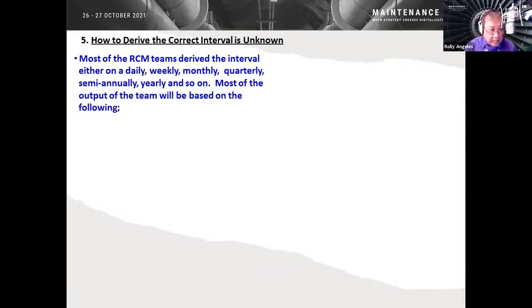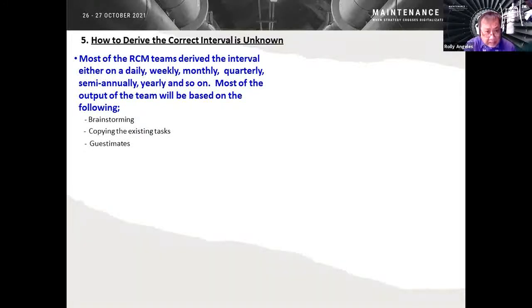Now, most of the output of the team, when we talk about deriving the interval, will be a product of either brainstorming, or copying the existing interval they have in their preventive maintenance, or it's just some guesstimates, okay?